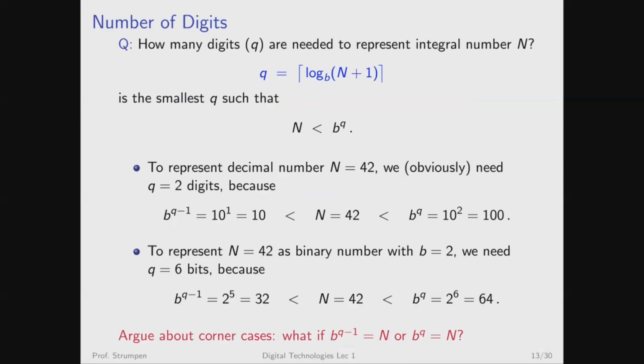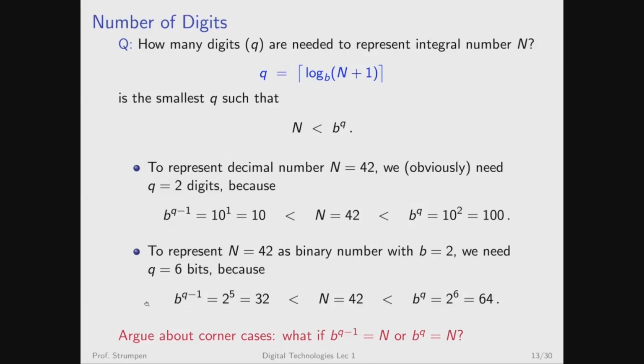So once you deal with different number systems, you may want to design digital machines that cover some base b, not 10, not 2, but some b, right? At which point it becomes interesting to know how many digits you need to represent an integer number, say capital N, right?